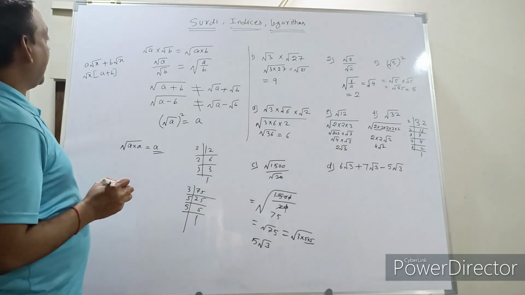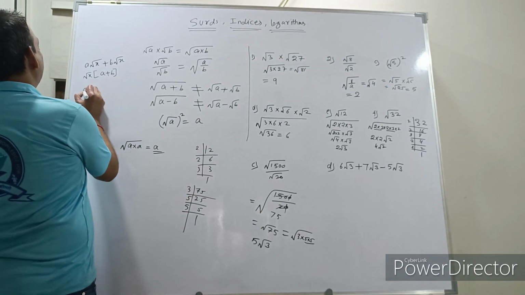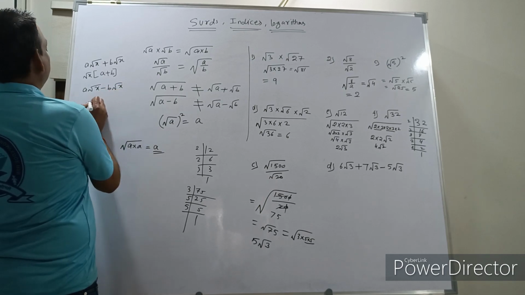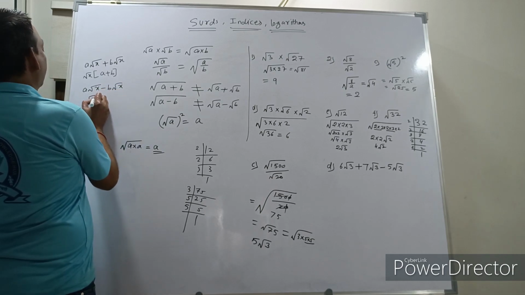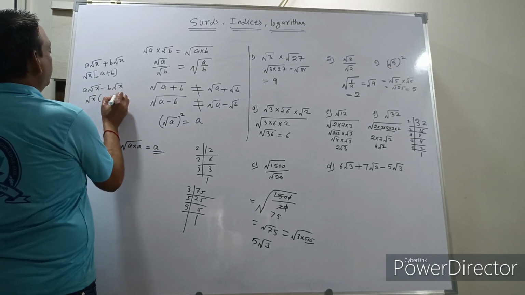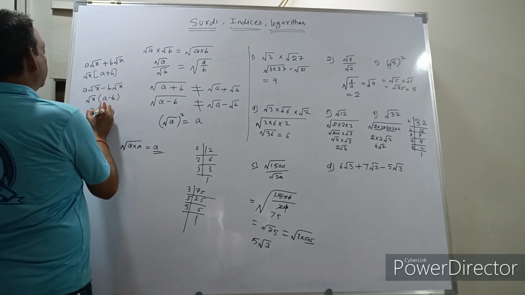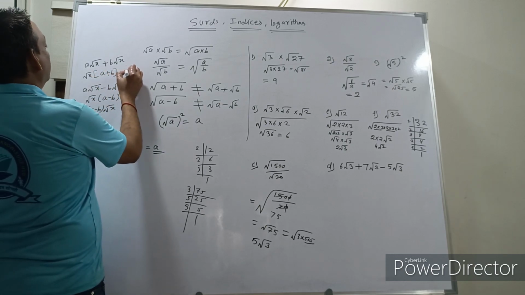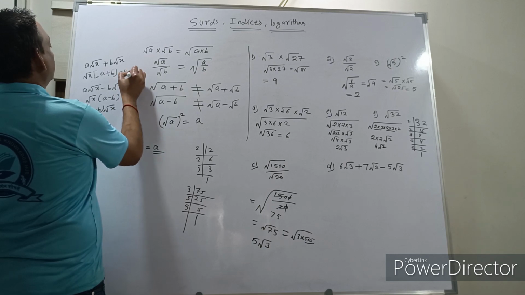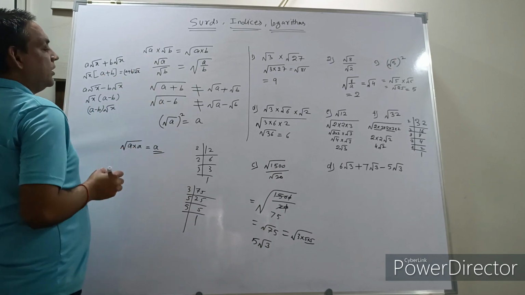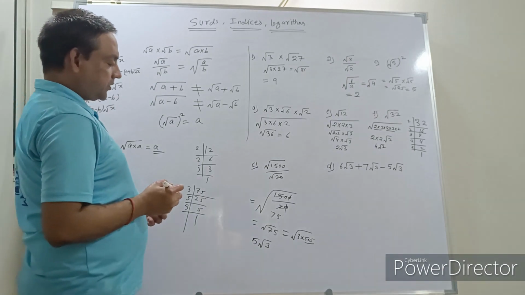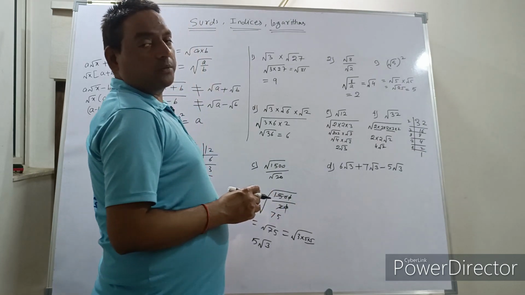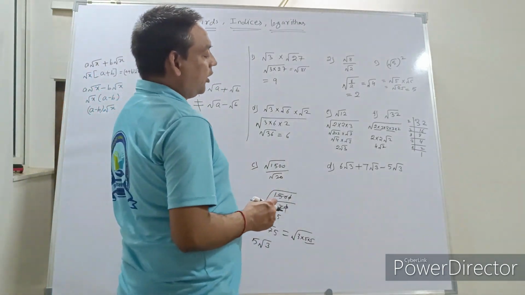We can subtract also. A root x minus b root x, again you take root x outside, so the remaining is a minus b. So it is a minus b into root x, and the other is a plus b into root x. So we can add or subtract if the root numbers are the same.